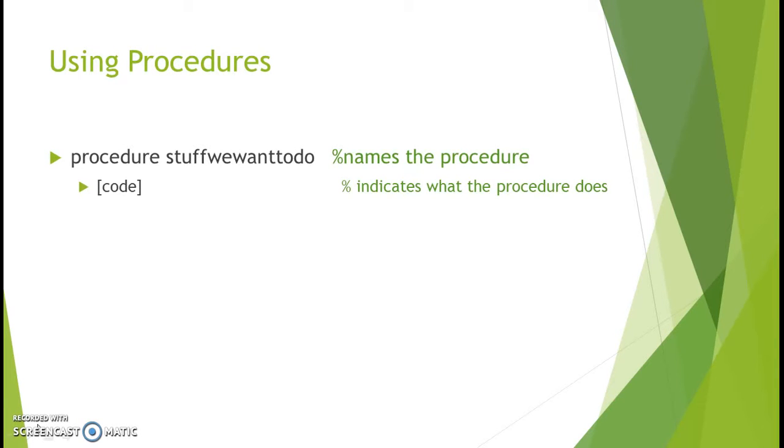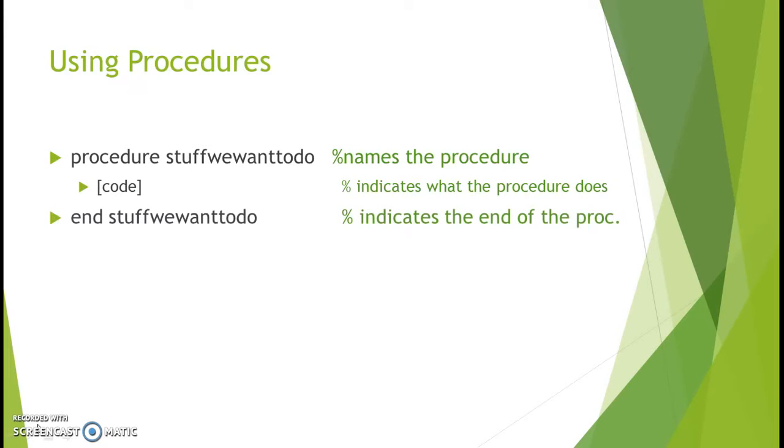Okay, let's clarify that a little bit. When we use procedures, we declare them by opening the procedure, saying procedure and giving the name. We'll write out some code that the procedure does, and then we'll tell Turing that the procedure documentation is complete by writing an end statement.